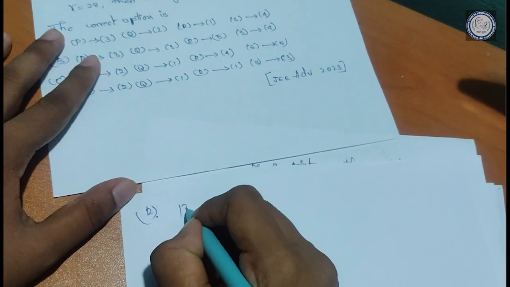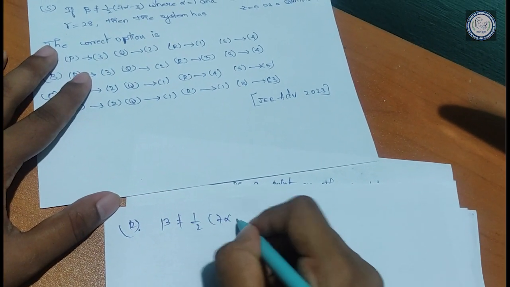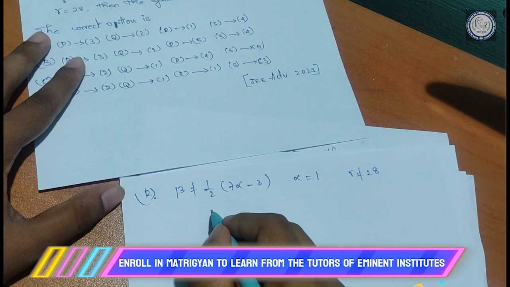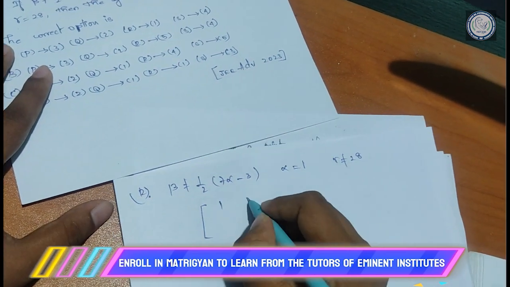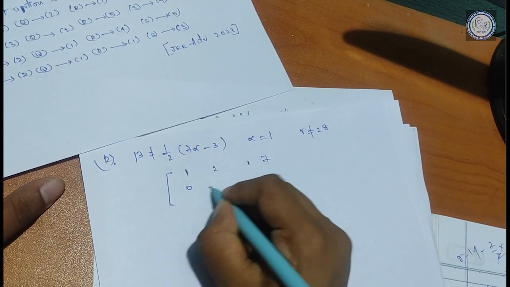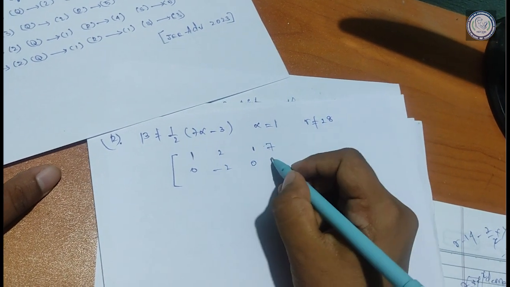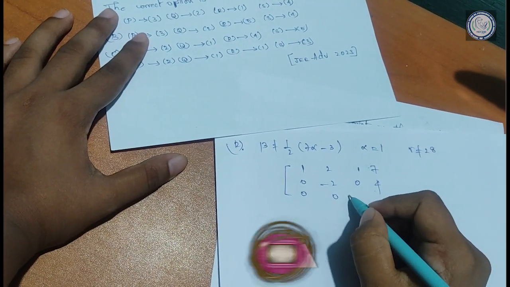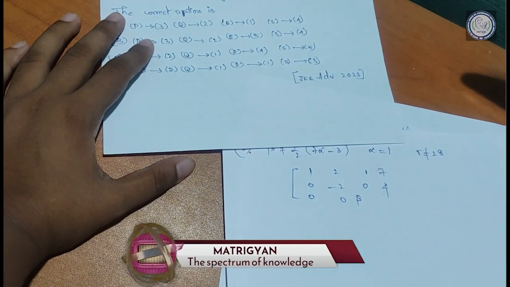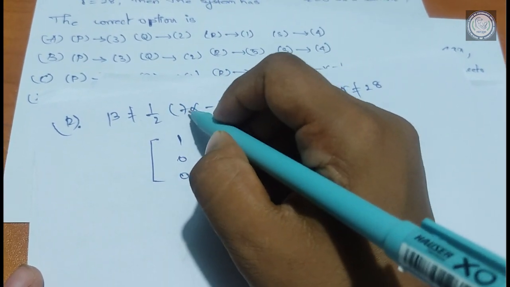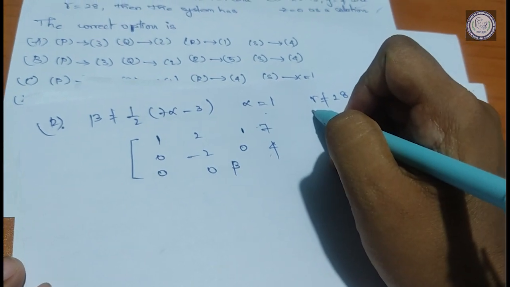And now let us solve the R part of the question. They have given beta not equal to 1 by 2 (7 alpha minus 3), alpha equals 1 and gamma not equal to 28.